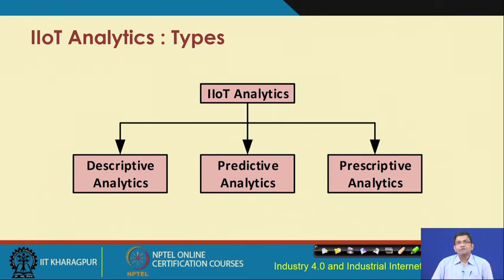Because if we can predict what is likely to happen, for example, a part of a machine component might go down in the future, maybe after 1 hour, and if that information is obtained beforehand, then that will be very useful, because that way you could prevent that particular component from completely going down, and consequently the process or the machine that is being operated will also be autonomously taking care of the downtime and will improve the overall efficiency.